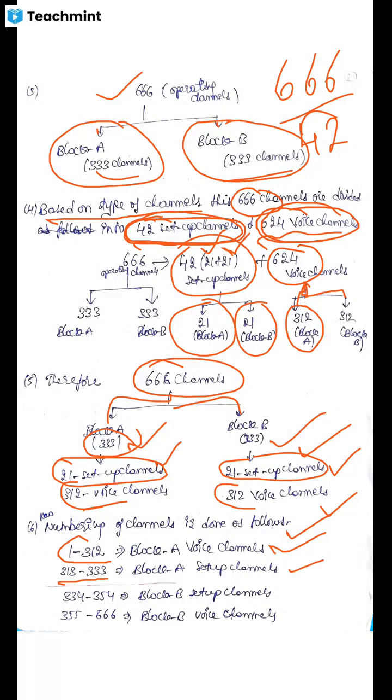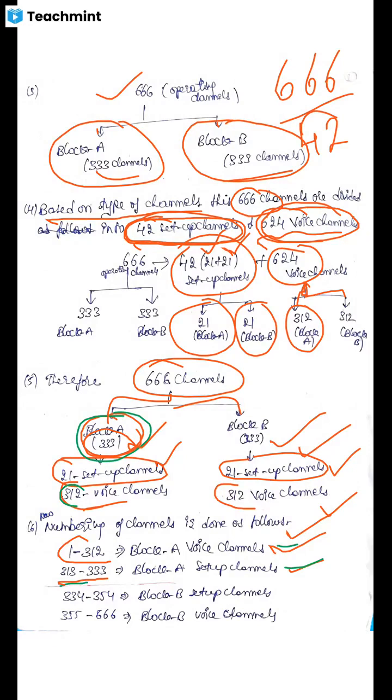In block A I have a total of 333 channels. Of these, 1 to 312 are given for voice channels, and the remaining 21, that is 313 to 333, are given for setup channels.